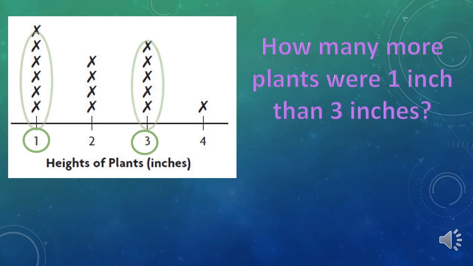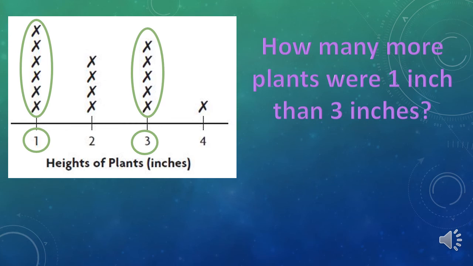I noticed that in the 1 inch category, when plants were 1 inch, that happened 6 times. When I look at the category for the 3 inch plants, that happened 5 times. So if I want to know how many more plants were 1 inch than 3 inches, I would need to find the difference between the frequencies.